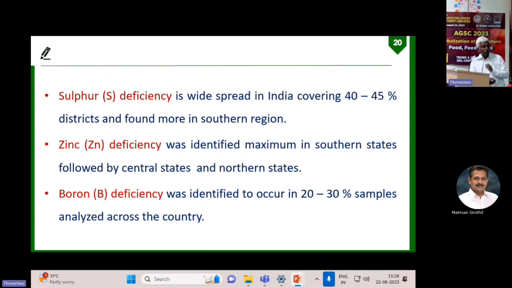Sulfur deficiency is also widespread in India, covering 40 to 45% of districts, more in the southern region. Zinc deficiency is also widespread. Boron deficiency is also identified in many of the samples that were analyzed.